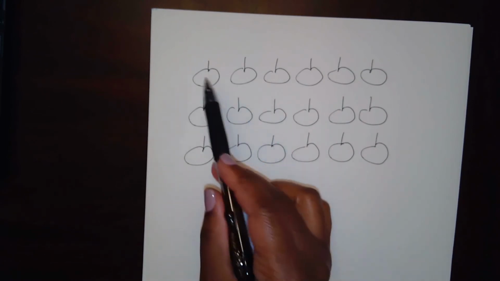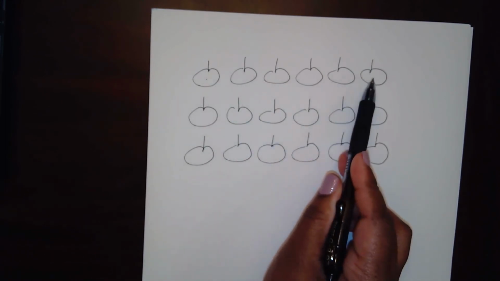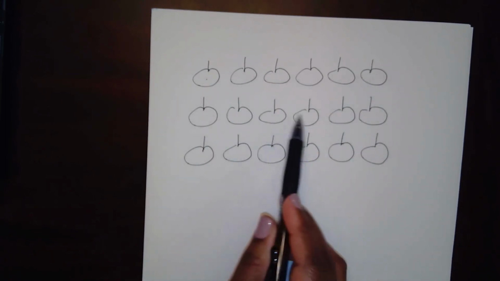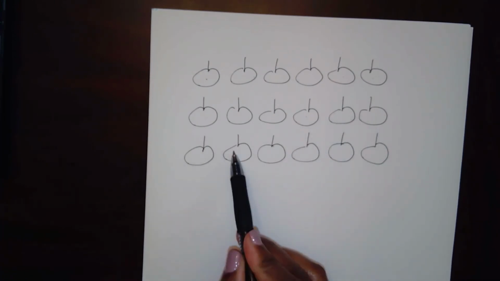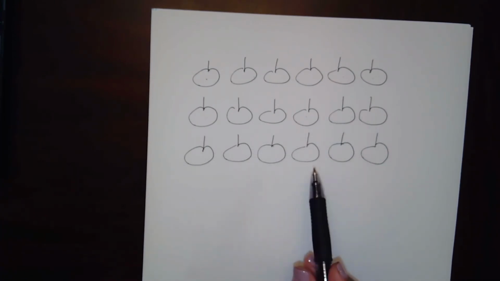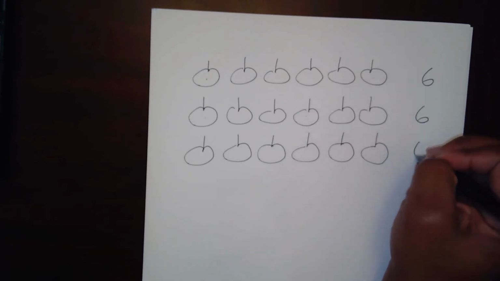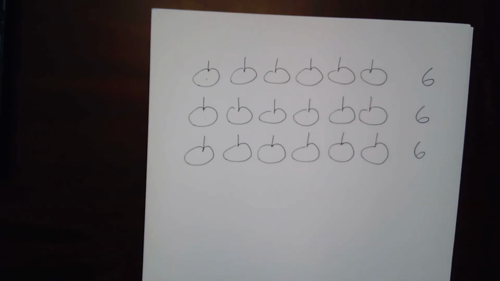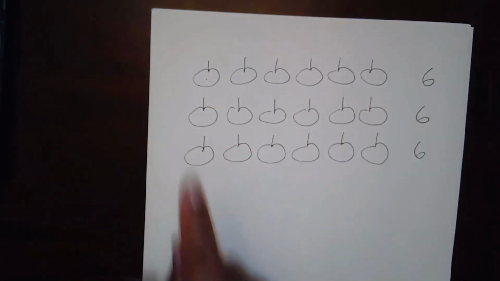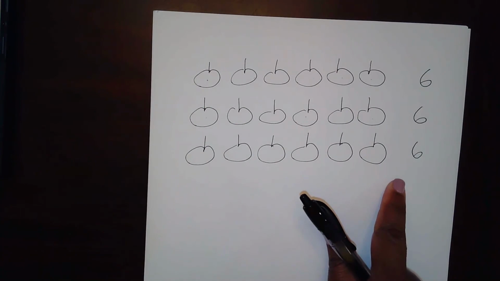So let's see. 1, 2, 3, 4, 5, 6. Again, 1, 2, 3, 4, 5, 6. So in each row we have 6 apples. But how many rows are there in all? There are 3 rows. This is row 1, row 2, and row 3.